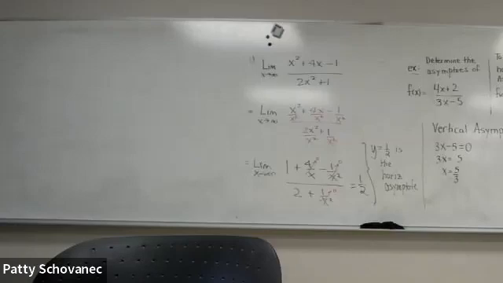So we can now do this just with our eyeballs and without marking anything down. If you have a function whose degree on top is the same as the degree on the bottom in terms of the highest power, then the horizontal asymptote is just the ratio of the coefficients of the highest power of x.